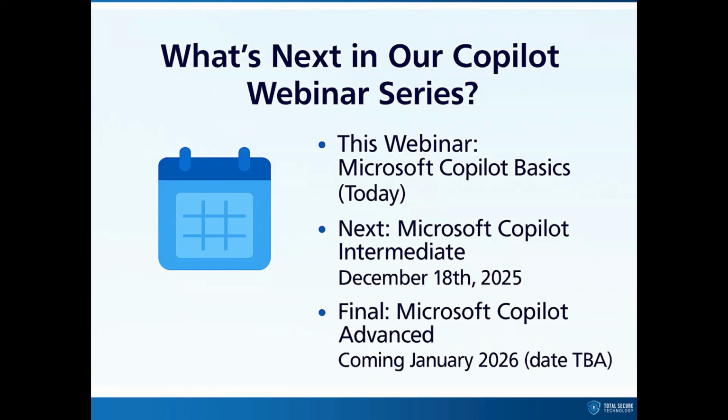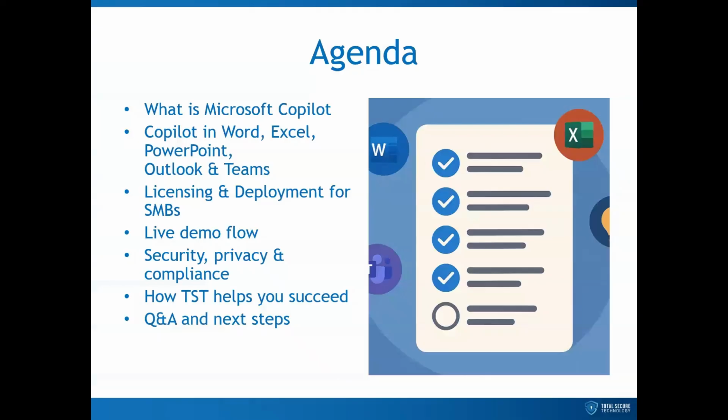We'll move right along here. So today's agenda, we're going to talk about Microsoft Copilot in these applications: Word, Excel, PowerPoint, and Teams. I'm going to leave Outlook out. And then we're going to talk about licensing and deployment for small and mid-sized businesses.